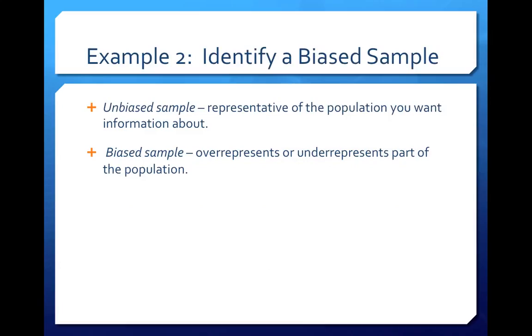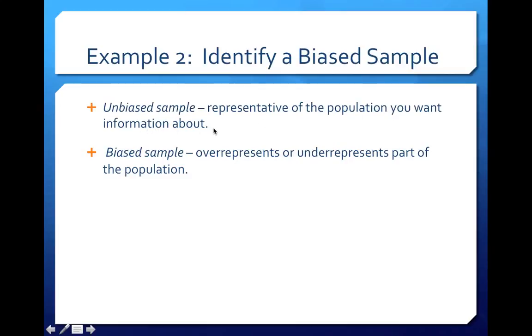Now, samples can also be classified in terms of bias. If you have a biased sample, then that means there's some part of the population that is going to be overrepresented or underrepresented. So it's not a good mix of people based on what your population is. So an unbiased sample is going to be representative of the population you want information about.